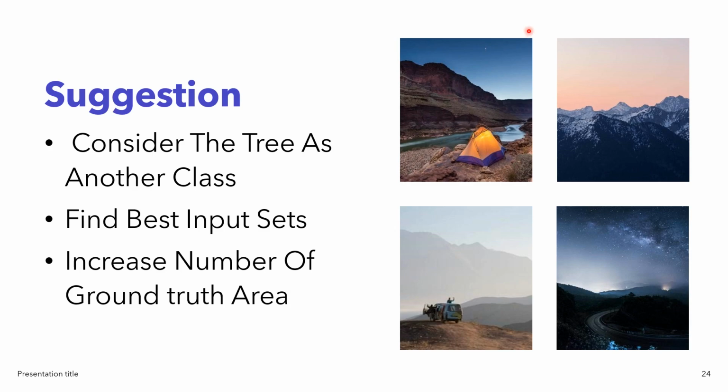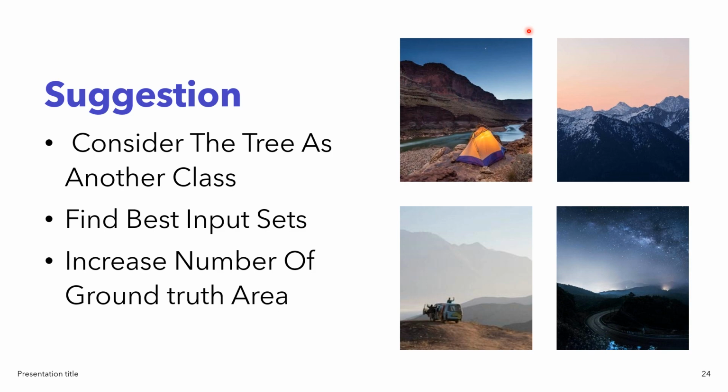So for this study, I suggest considering the area also as another class. For finding the best input set, we can consider other vegetation indicators, and you can consider all of them as an input set, and different combinations of them can be used to classify.